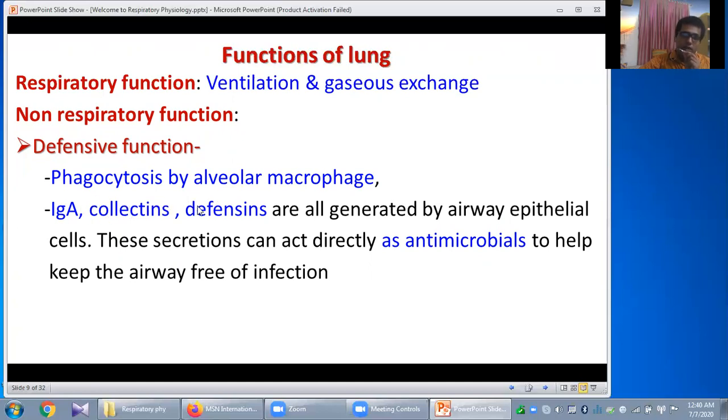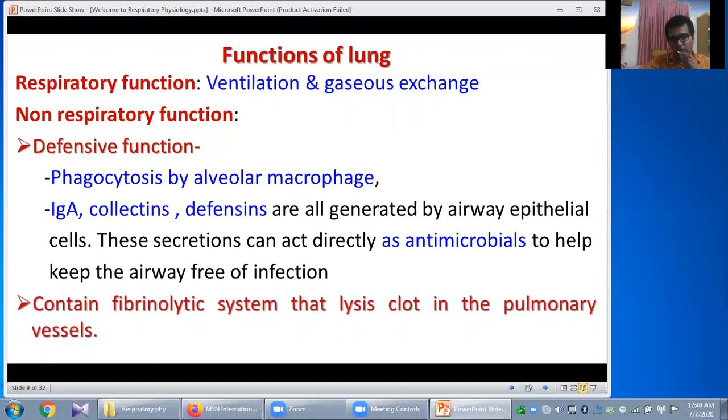Also, there are some proteins that are secreted by airway epithelial cells. This secretion can act directly as antimicrobials to help keep the airway free of infection. Those chemicals are immunoglobulin A, collectins, and defensins.